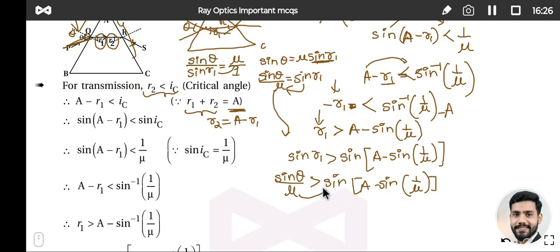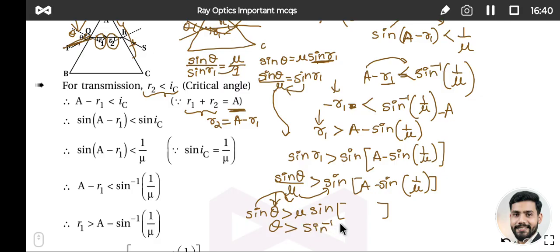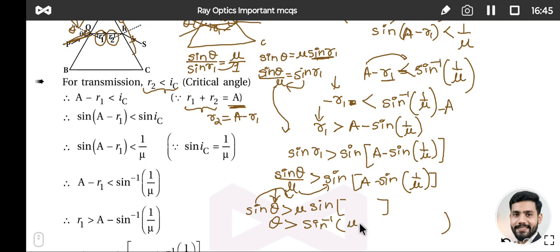If we multiply this mu here, we will get sine theta is greater than mu times sine of this full thing inside the bracket. Now we want this theta only. So if we take this sine to that side, we will get theta greater than sine inverse of mu times sine, inside the bracket, A minus sine inverse 1 by mu.